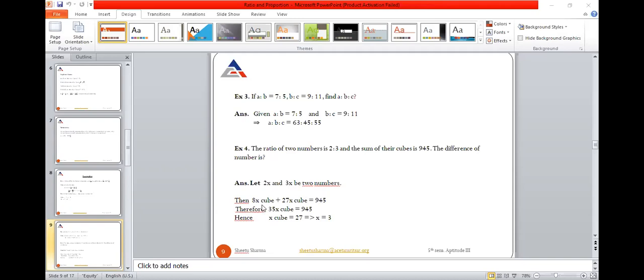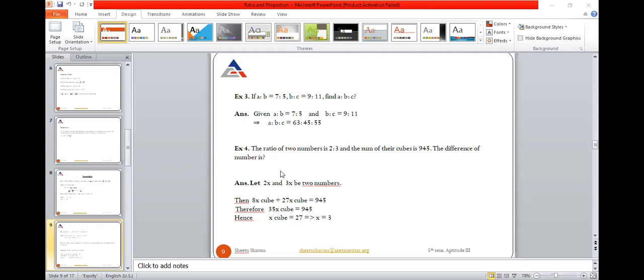If we cube the two numbers and add them, we get 8x cubed plus 27x cubed, and the whole sum is 945. So 8x cubed plus 27x cubed will be 35x cubed. So we get x cubed is equal to 27, which implies that x is equal to 3.